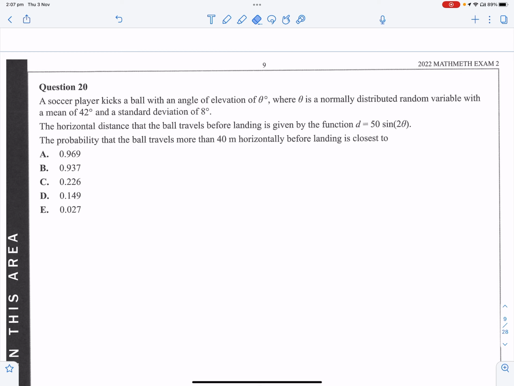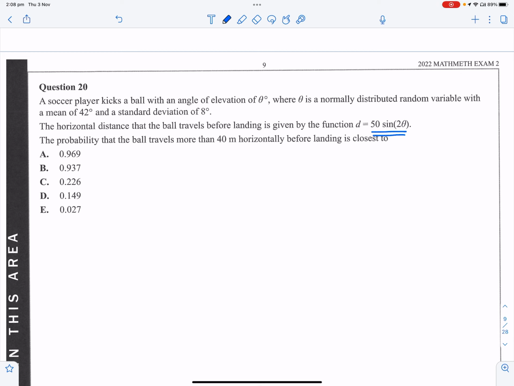So the distance is given by that. This is kind of like a special question, like a linear combination.